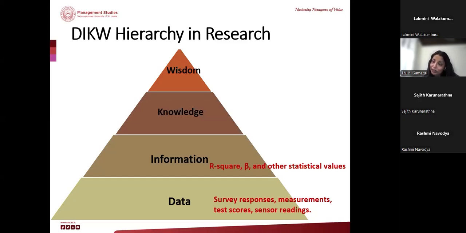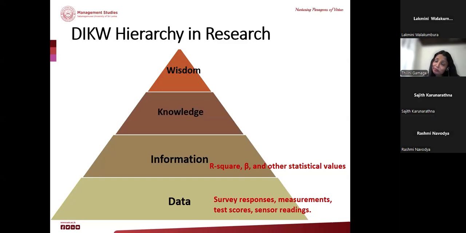If you are to do a quantitative study, I'm sure most of you might conduct surveys. When you're conducting surveys, mostly you use either a 5-point Likert scale or a 7-point Likert scale to collect it. So that's the data that you have collected. After that, you process this data, you generate statistical tables, some statistical values, for example, R-squared value, beta value.